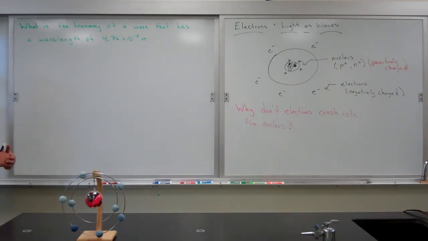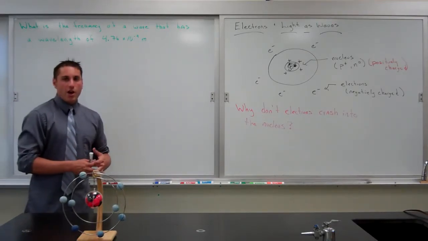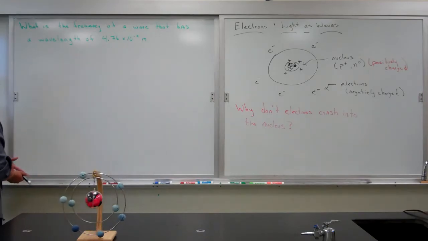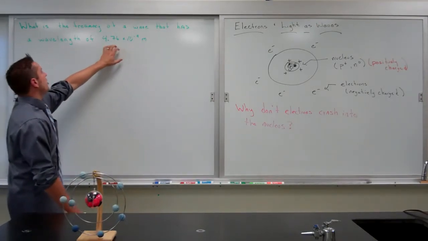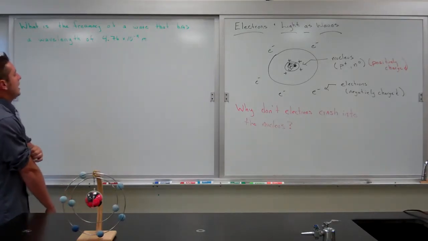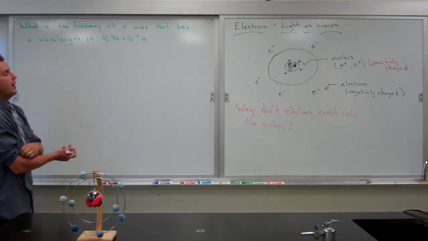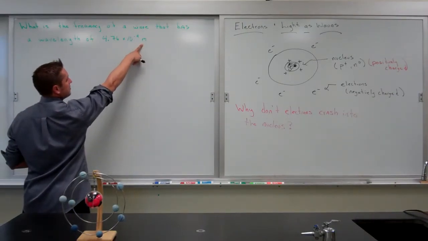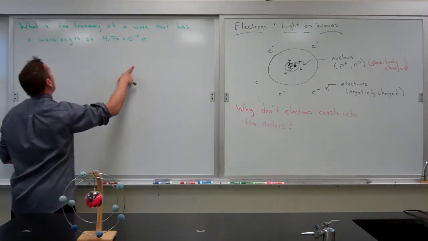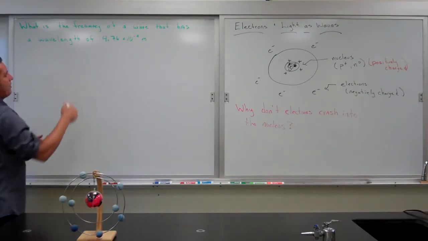If I'm going to solve a problem like this, what I want to do is list the things that I know and list what I'm trying to find. So, as I read the question, things I always know tend to be numbers. So I know 4.76 times 10 to the negative 9th meters is something. As I look around, I can either recognize that wavelength is measured in meters, or I can see that it says has a wavelength of.